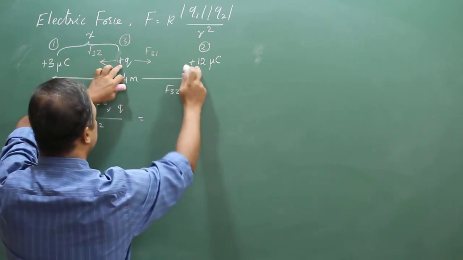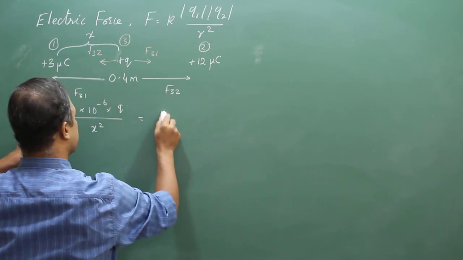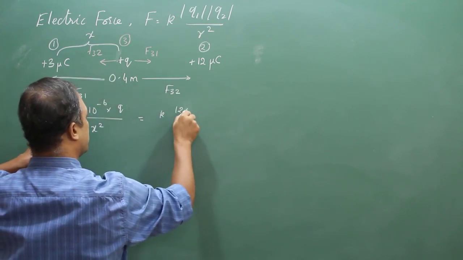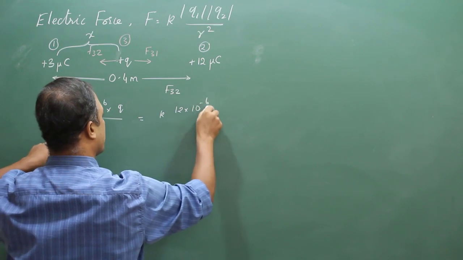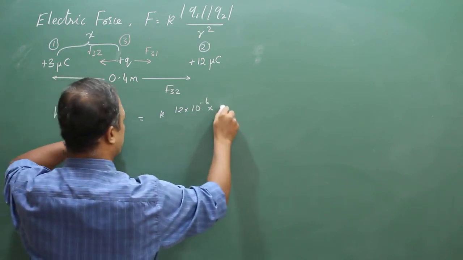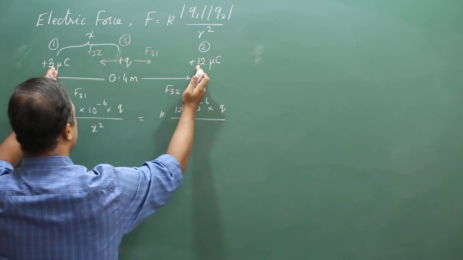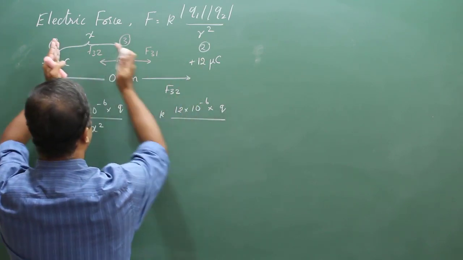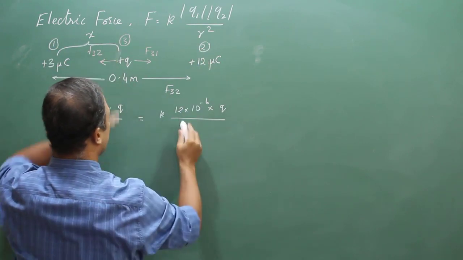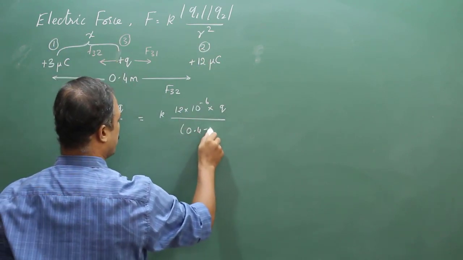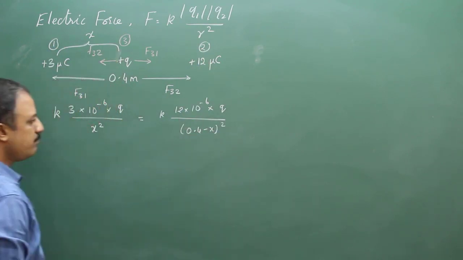F32 is k times Q1, which is 12 into 10 to the power minus 6, into Q2, again Q here, divided by, what is this remaining distance? If this total distance is 0.4 and this is x, this is going to be 0.4 minus x. So 0.4 minus x the whole square.